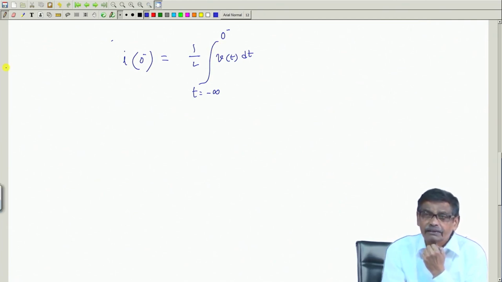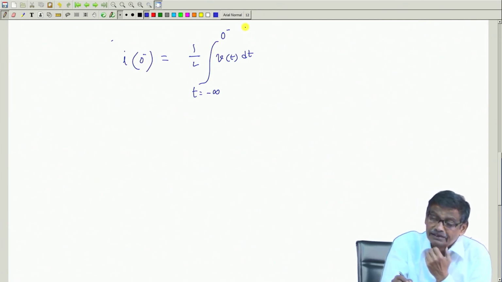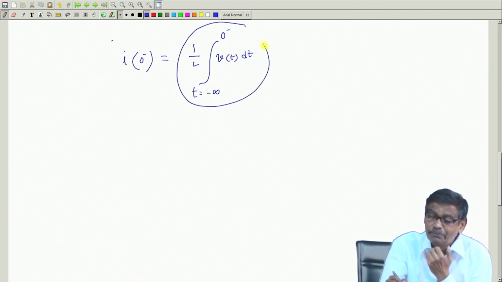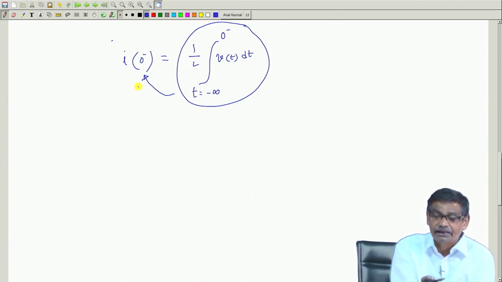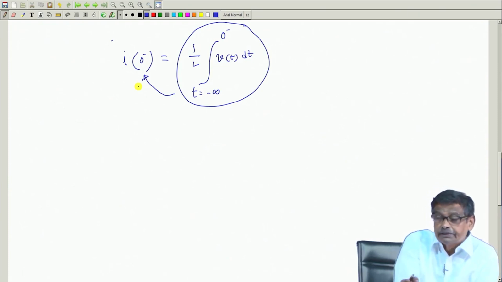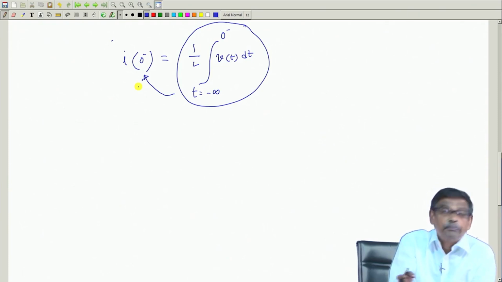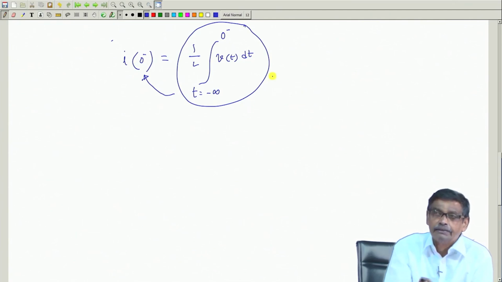But all this previous history is nothing but to say that the inductor, when you do some switching, had an initial current I 0 minus. It captures the previous history. This current in the inductor at t equal to 0 minus is this whole thing.